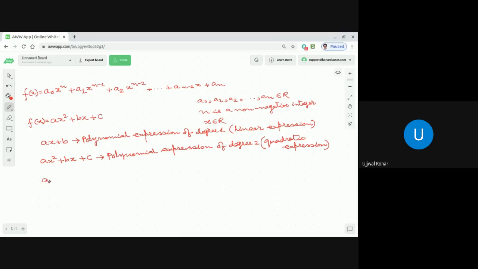Similarly, if you get something like ax cube plus bx square plus cx plus d, that is known as a cubic expression. Correct or not? If you get something like ax power 4 plus bx cube plus cx square plus dx plus e, that is known as a biquadratic expression.